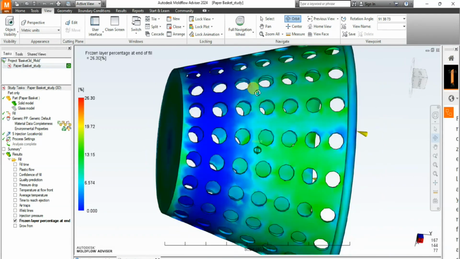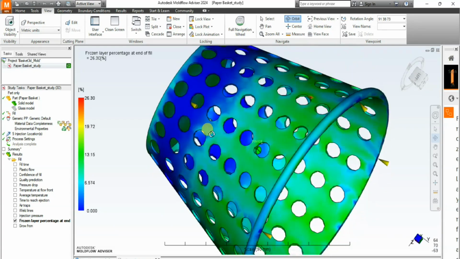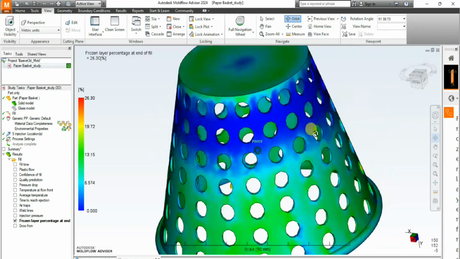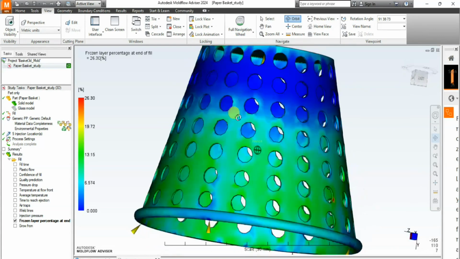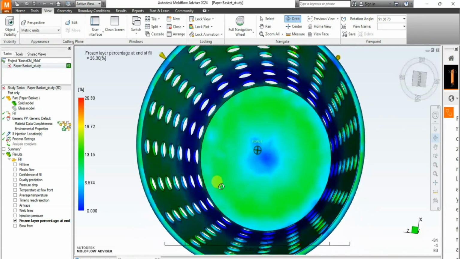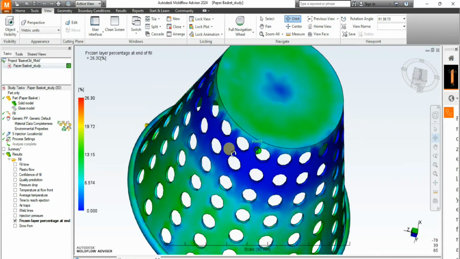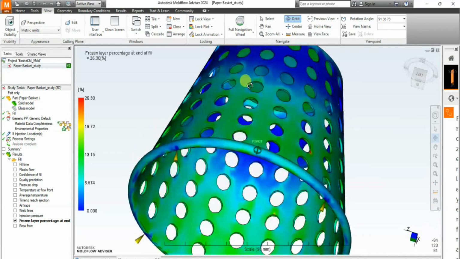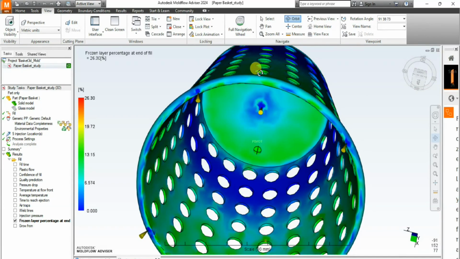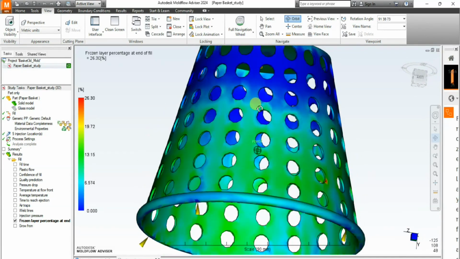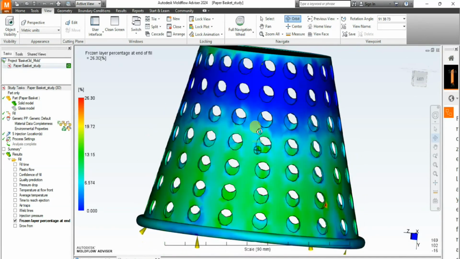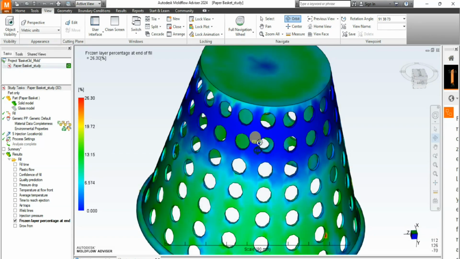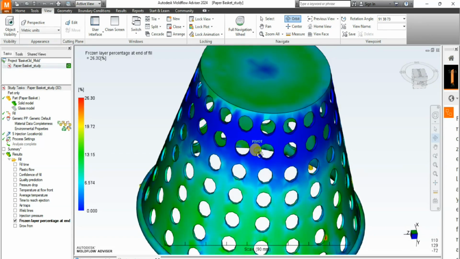You should be very aware that a higher value indicates a thicker frozen layer or thinner flow layer and higher flow resistance.